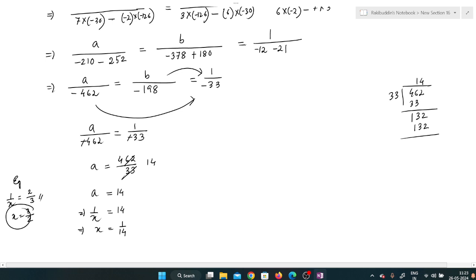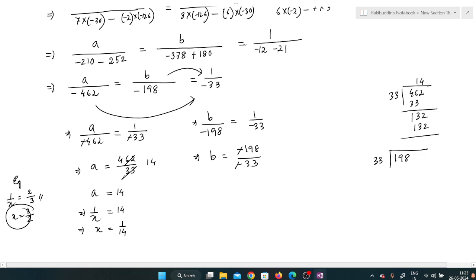Again, now we need to find b. So b by minus 198 equals 1 by minus 33. So b will be equal to minus 198 by minus 33. Negative negative get cancelled. So let us divide again. See children, don't wait to divide. Don't try if you are not able to get the answer quickly.